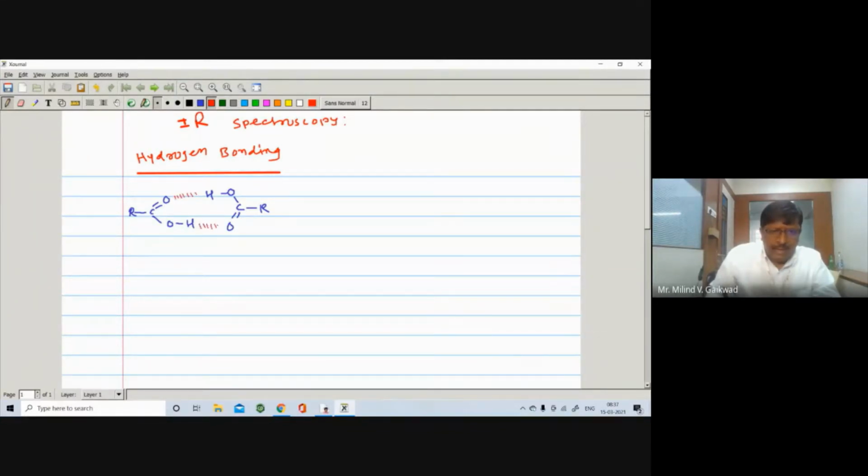It undergoes dimerization because it forms a bond between the two molecules. So here is partial negative, partial positive, partial negative, partial positive. Similarly, we can write such polarization in the COOH group. As the H positive is nearer to the O negative, there is a formation of hydrogen bonding.